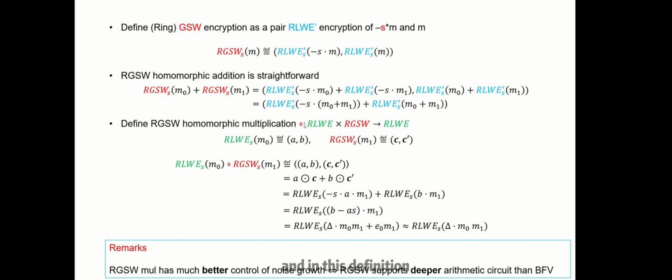And in this definition, the multiplication is somewhat asymmetric, in that one input is a ring LWE ciphertext, the other input is a ring GSW encryption. And the output of the homomorphic multiplication is another ring LWE ciphertext.